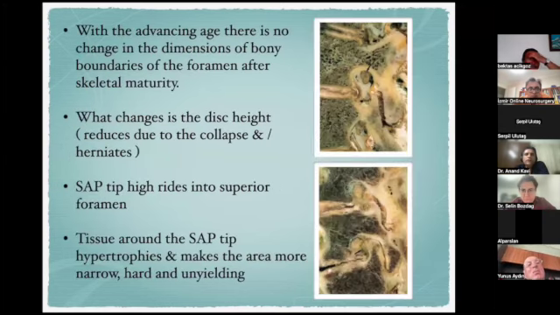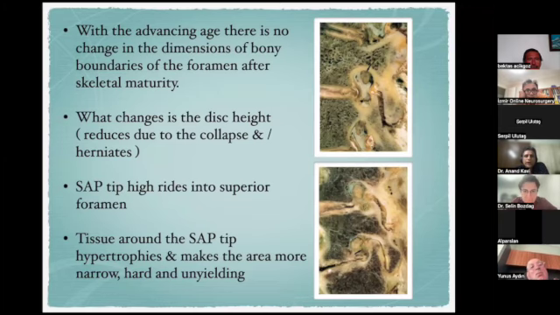Now, with advancing age, what happens is there is no change in the dimensions of the bony boundaries of the foramen after skeletal maturity. So once a person matures skeletally, the bony boundaries do not enlarge. But what changes is the disc height. It reduces due to collapse and herniation.